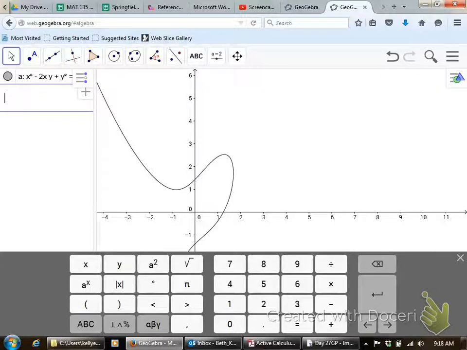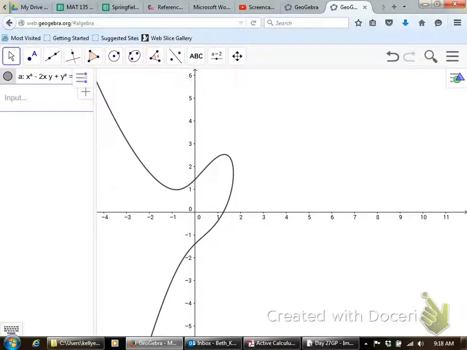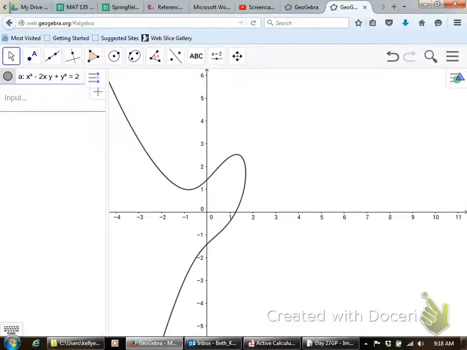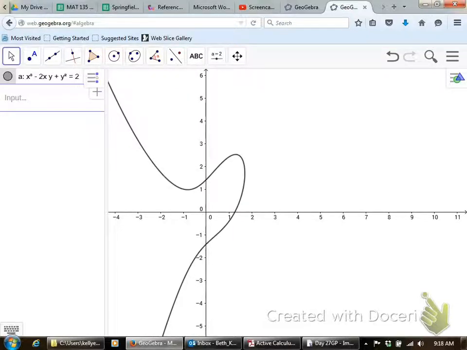We can see it's not the graph of a function, actually. It doesn't pass the vertical line test. And so we cannot solve for y. We cannot take this equation and have an explicit function for y, saying exactly what y is.